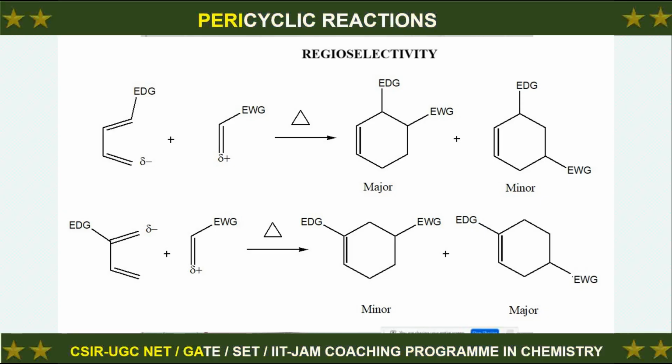Now these two can overlap each other better than the other two. So now you are getting the major product as para. Because this is the second carbon having a substitution of the electron donating group, not the first carbon, this should be para as the major product because of the orbital interactions.